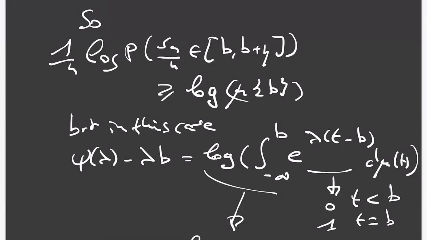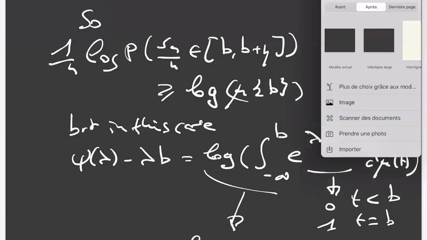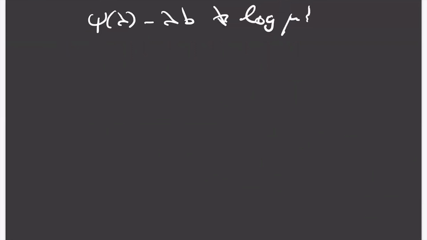Okay, so what it means here is that the behavior of the function psi of lambda minus lambda b decreases to the log of the measure of b.